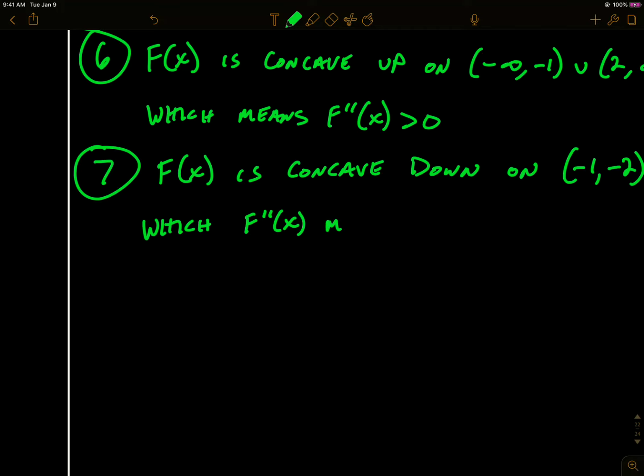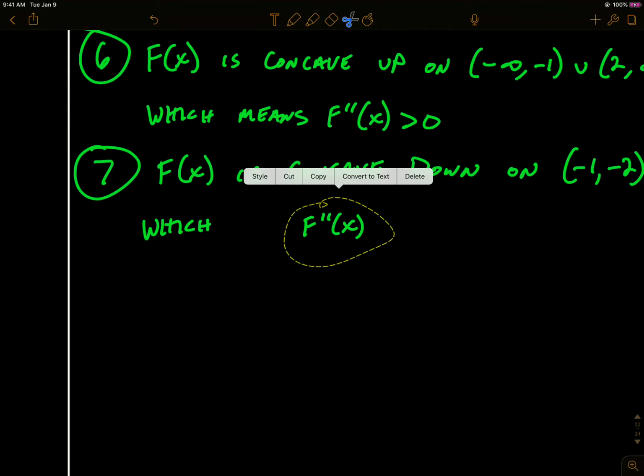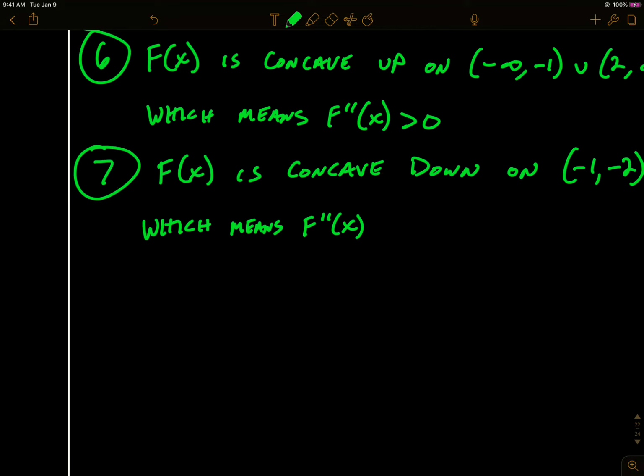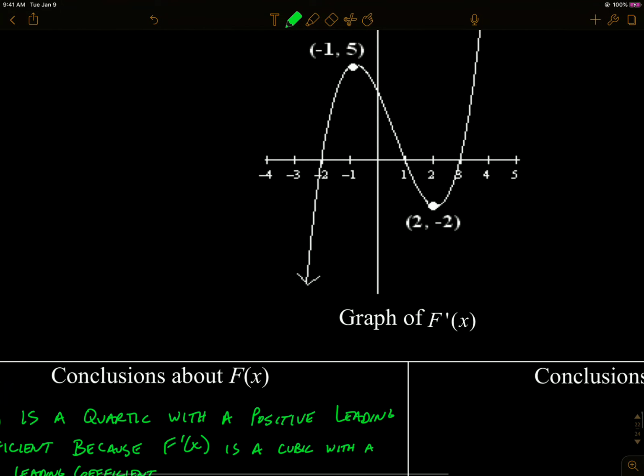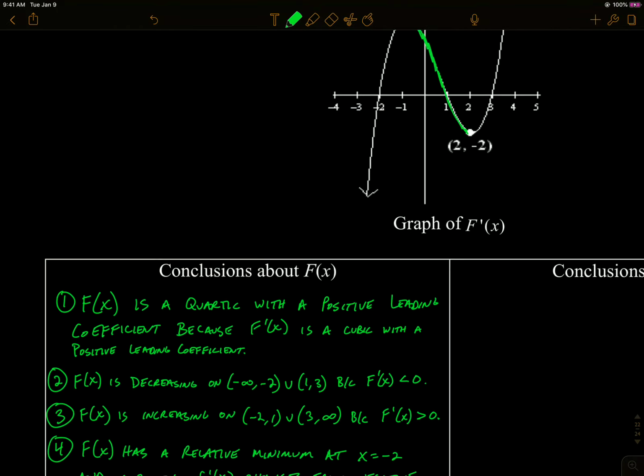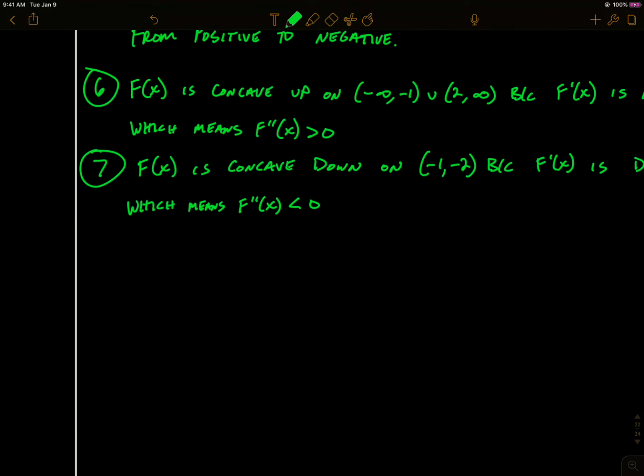Getting ahead of myself because I'm talking before I'm writing it. So from negative 1 to 2, f prime of x is decreasing. So that means f is concave down there.